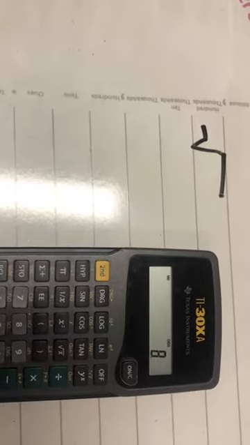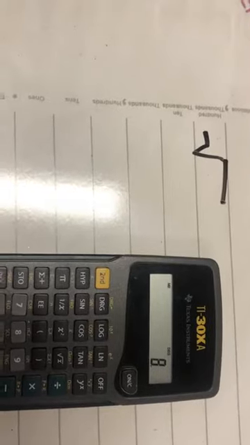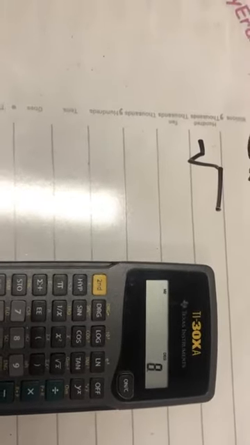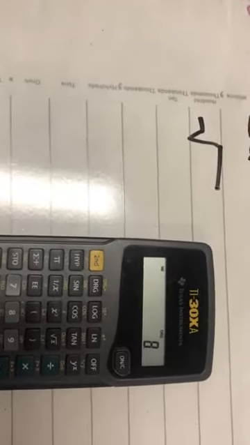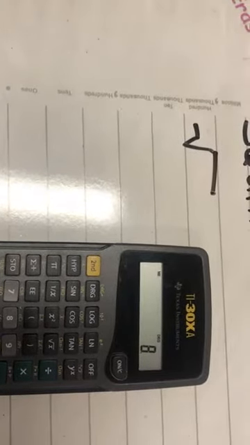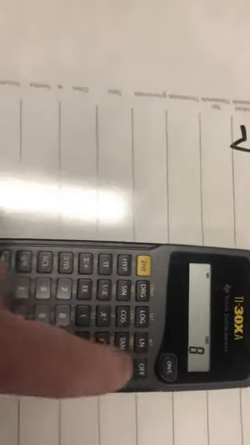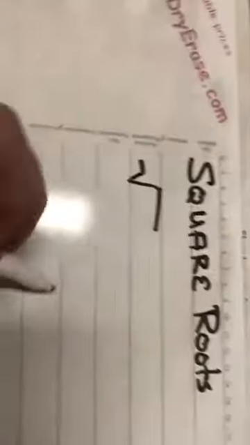If your calculator tells you that there's something different than 8 as the square root of 64, it's time to get a new calculator. Check the battery, do something, make sure you're checking the right button, because I can assure you that the square root of 64 is indeed 8. We'll come back to our calculator here in just a second, but we want to talk about the directions that you're going to take.